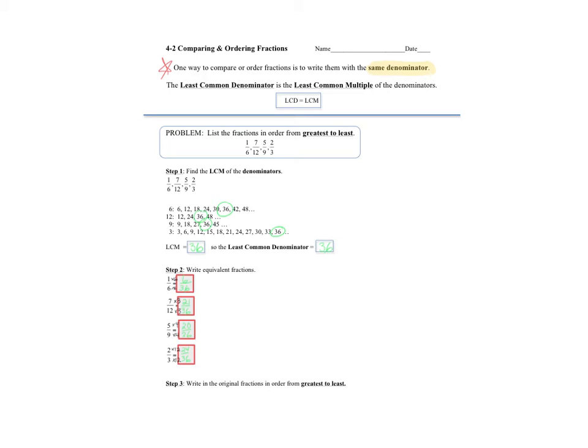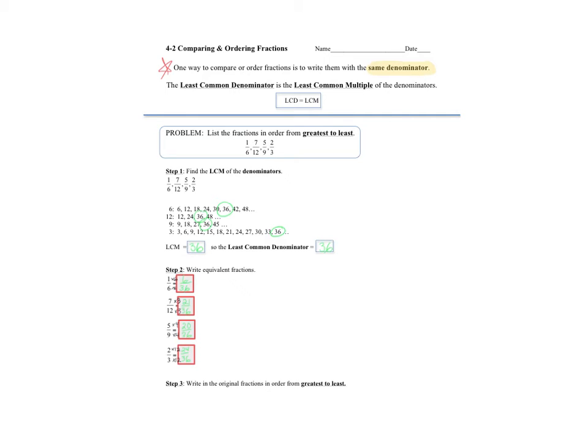So let's just take a pause here and back up and reflect on and remember, what are we doing all this for? Remember, our goal, here's our problem at the top, was to list our fractions in order from greatest to least. And when we were looking at our fractions of 1/6, 7/12, 5/9, and 2/3, there's no way we would be able to compare them. We have no idea what the greatest or the smallest fraction is.